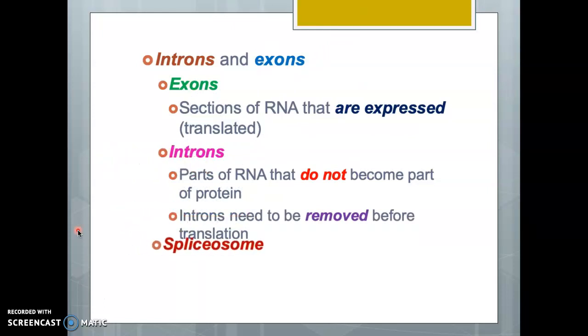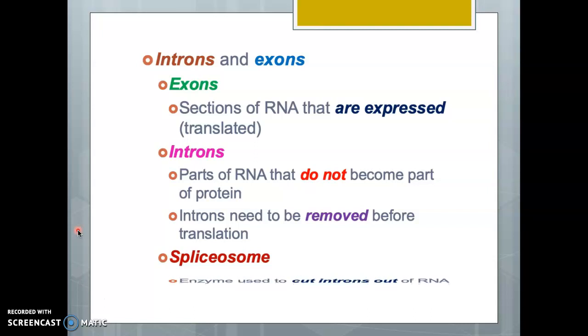The way that happens, there is an enzyme called spliceosome, which really freaks me out because, first of all, it doesn't end in ase, and second of all, that sounds like some sort of organelle or something. You know, we've got lysosomes and ribosomes, but no, this is an enzyme, and this enzyme is used to cut the introns, which get in the way, out of the RNA.